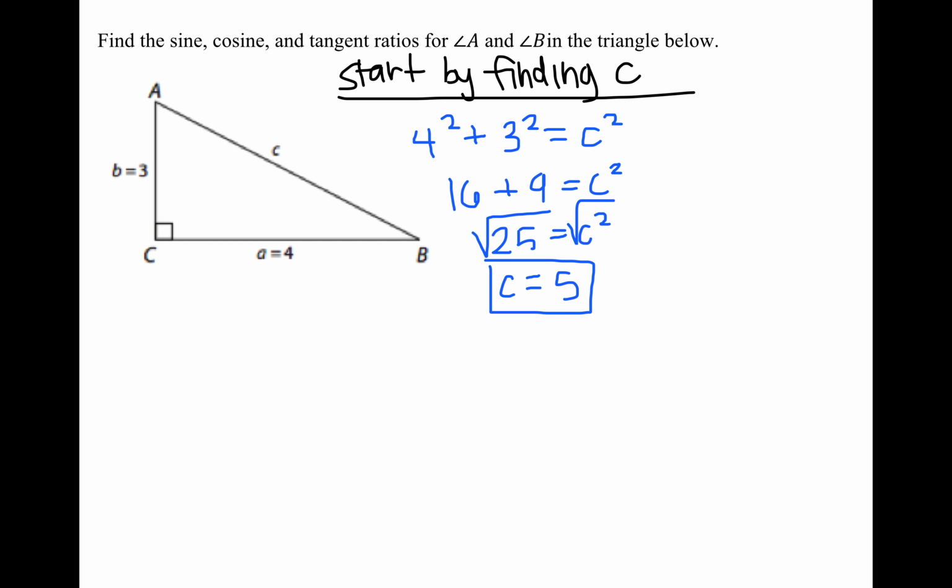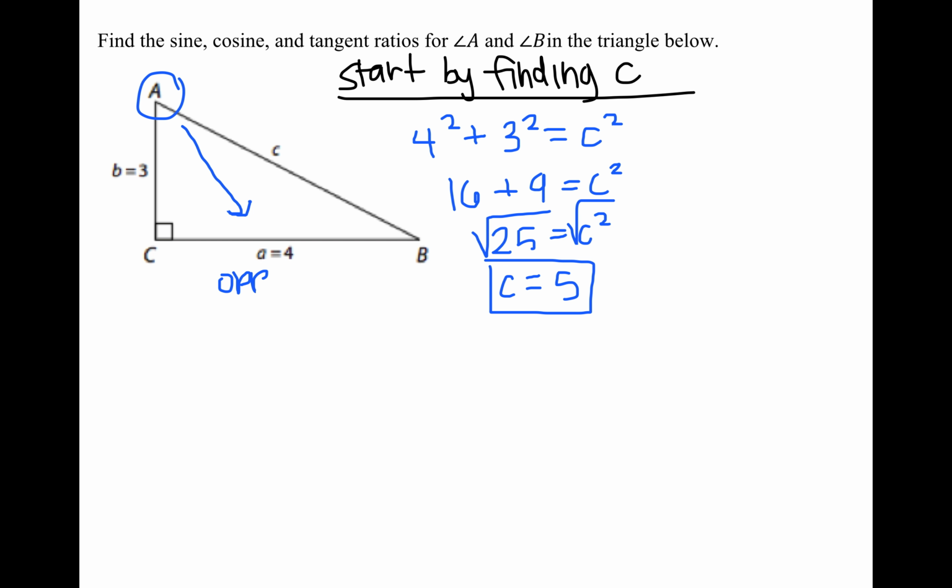Okay. So now that I know this, I can find sine, cosine, and tangent for each angle. So I'm going to start with angle A. In order to find those trig ratios, I need to know opposite, adjacent, and hypotenuse. Opposite is always the side that's across from the angle.